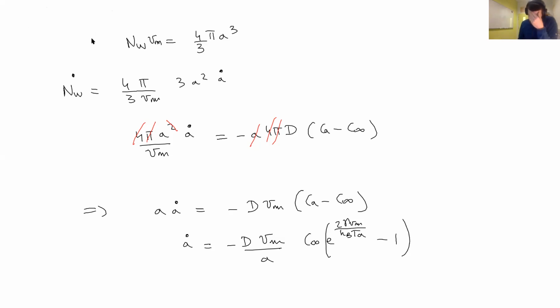And for that, we will assume that we are in the large temperature limit, which is equivalent to, say, the large droplet limit. So we can linearize that into simply the linear term.